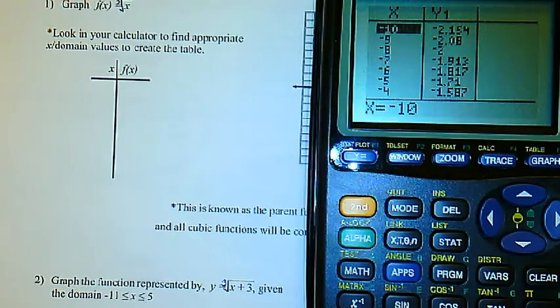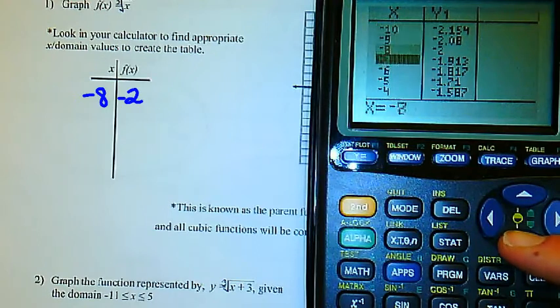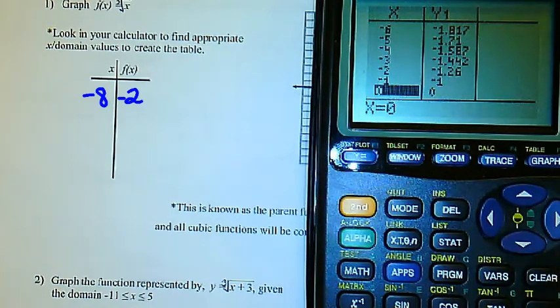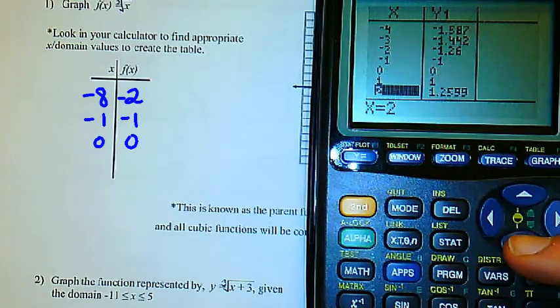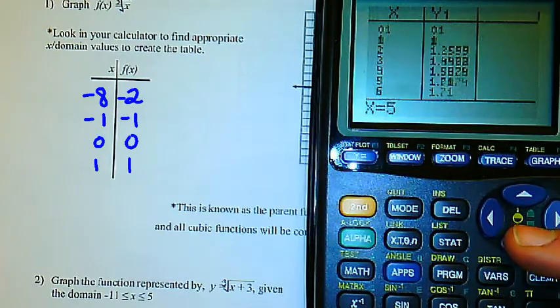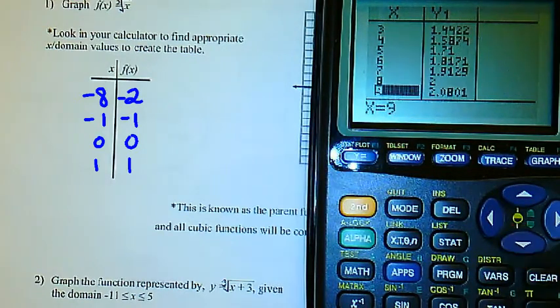So negative 8, negative 2, negative 1, negative 1, 0, 0, 1, 1. Remember, you want to get the general curve, so get as many points as possible. I think we might be able to get 5.